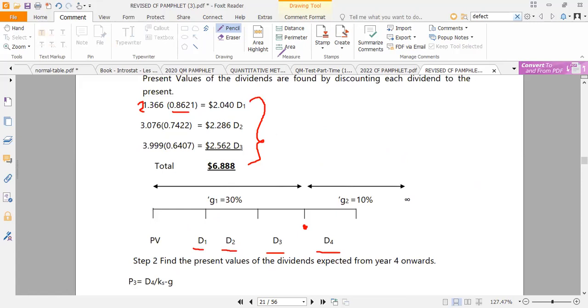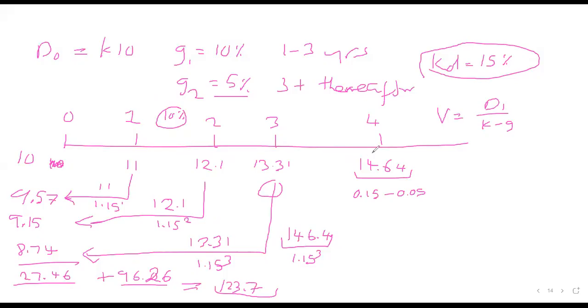So I've just noticed one thing. As of year 4 here, we actually were supposed to multiply not by 1.10, but this answer by 1.05, because the growth rate has changed from year 3 to year 4.